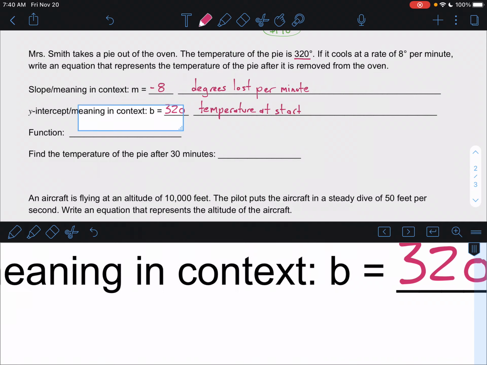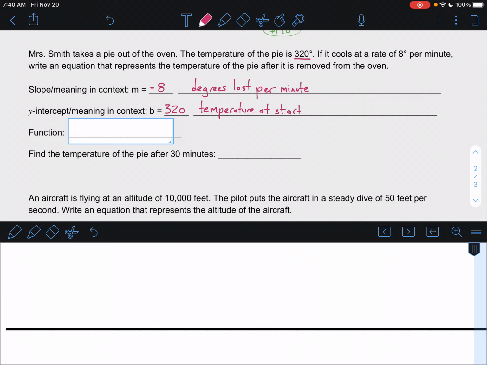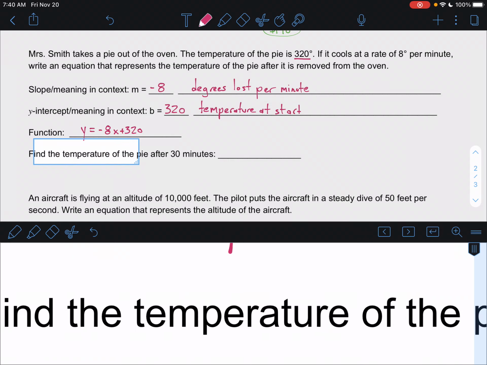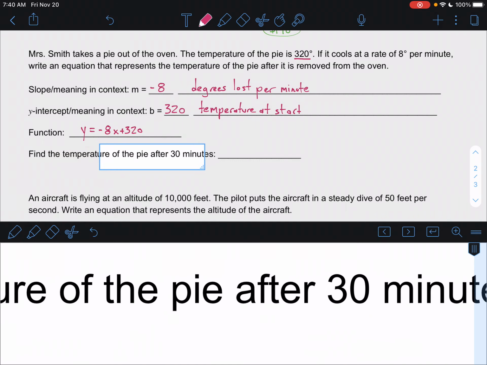So when I want to write my function, I have to put it in the form y equals mx plus b. So I got y equals, and I said m was -8, so -8x plus b, so plus 320. And it wants us to find the temperature of the pie after 30 minutes.